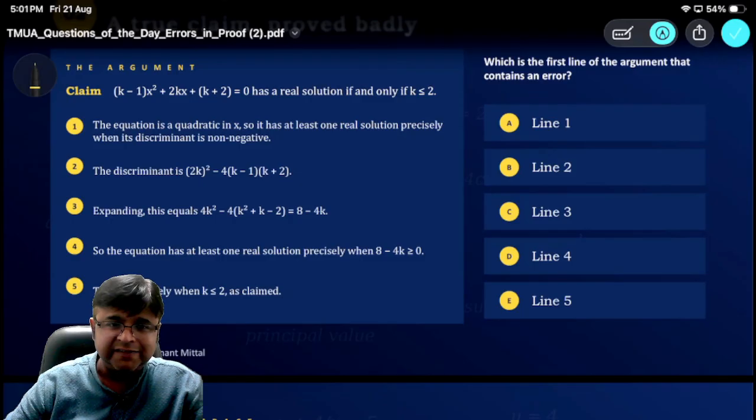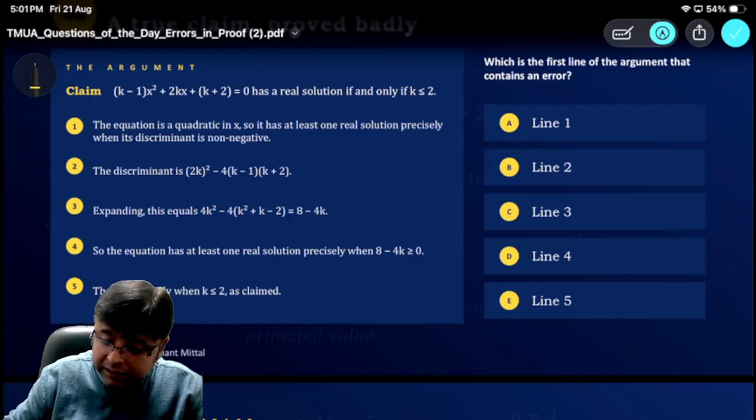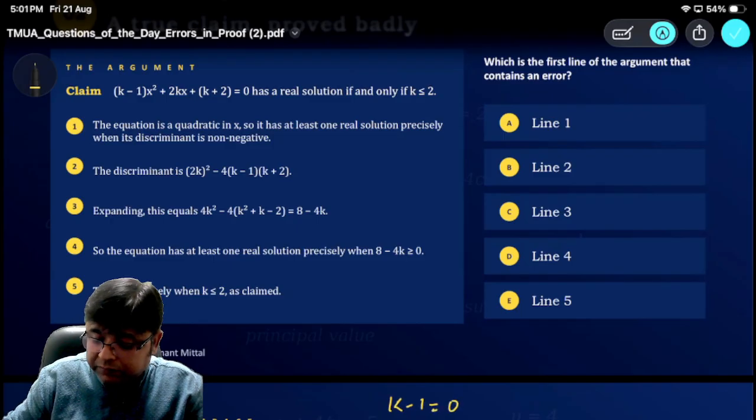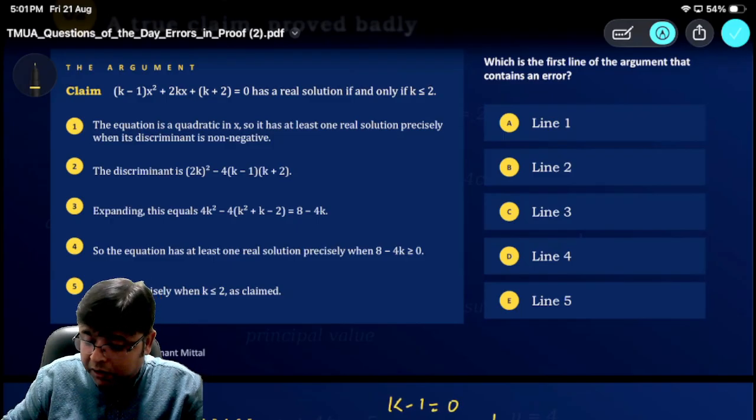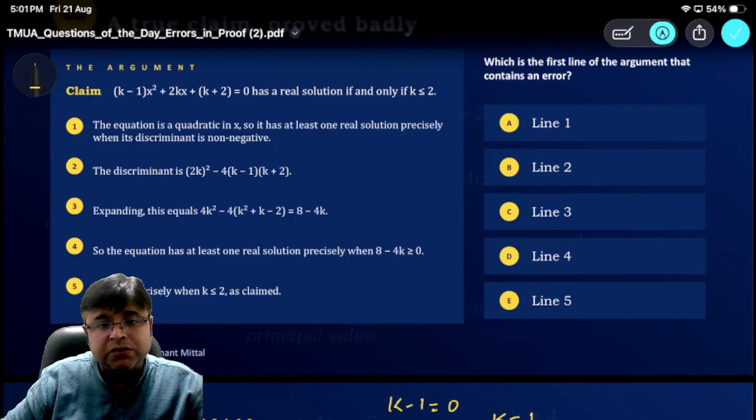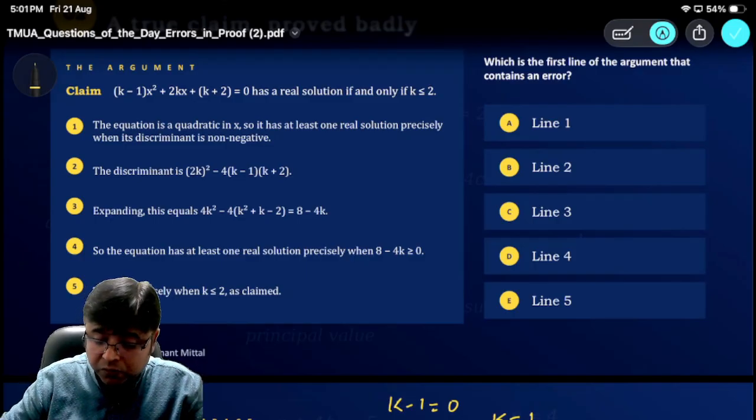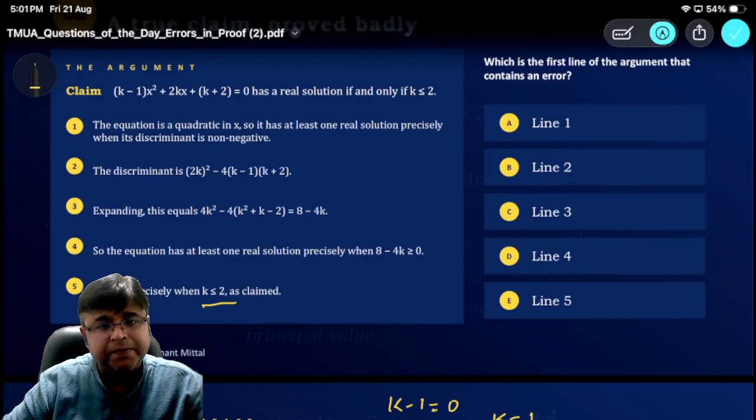But the error lies in the first line itself, right? Because the first line does not address that it is not necessarily a quadratic, because the coefficient of x squared can be 0 since it's not given. If k minus 1 is 0, then k will be 1. And if k is 1, then k less than or equal to 2 cannot be the correct claim, right?